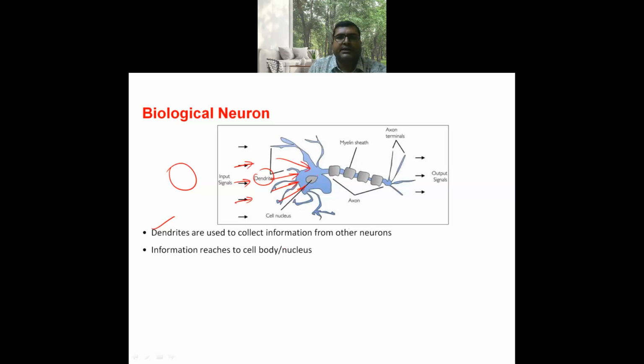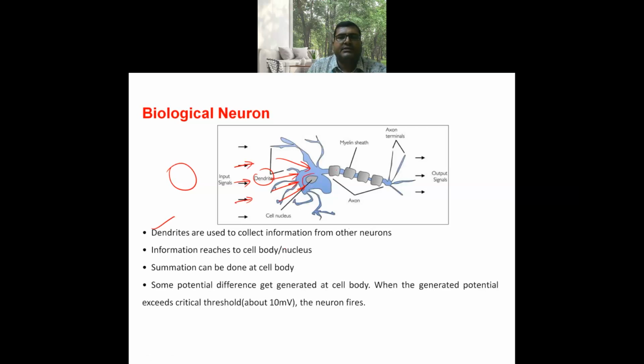Here, at the nucleus, some processing will be done, and processing means here the summing and activation function will be done, and when the neuron fires, some potential difference will be generated at the output of cell nucleus, and this will be passed through the axon, and the same will be forwarded to the dendrites of other neurons.